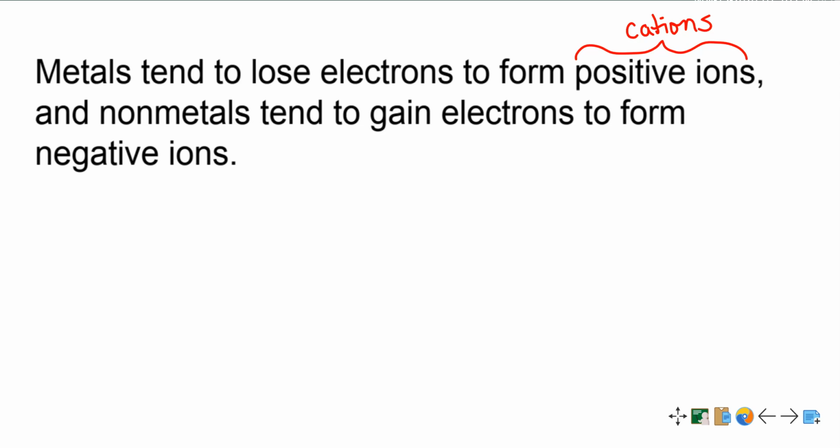And nonmetals tend to gain electrons in order to form negative ions, which we call anions. We've talked about that before, but just in case you forgot.